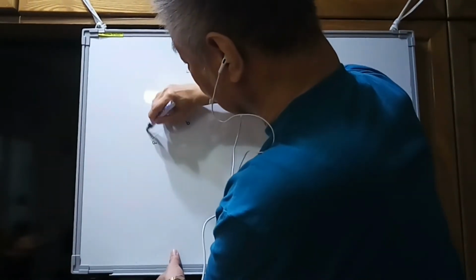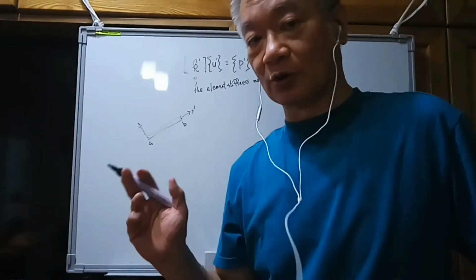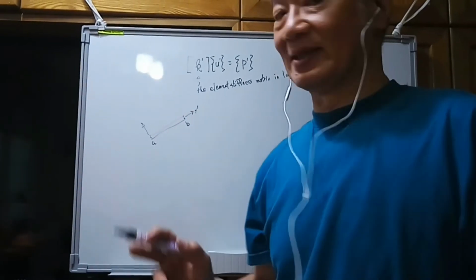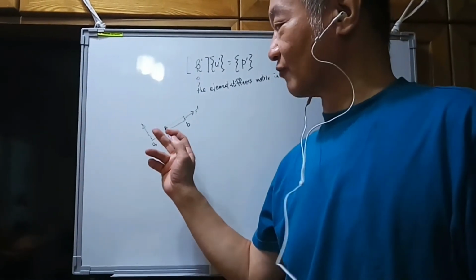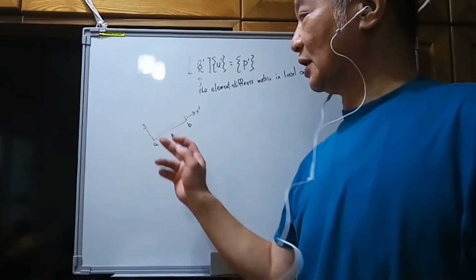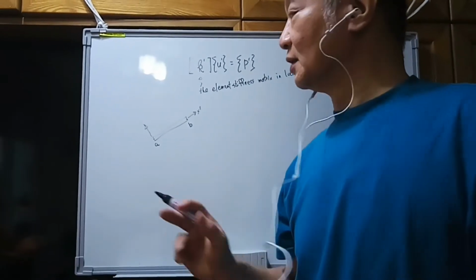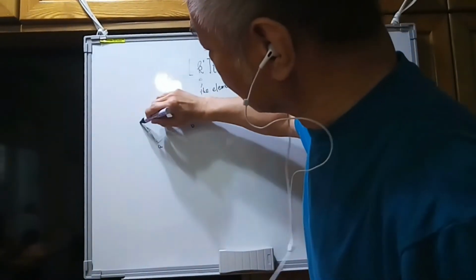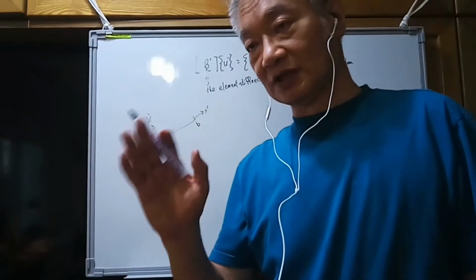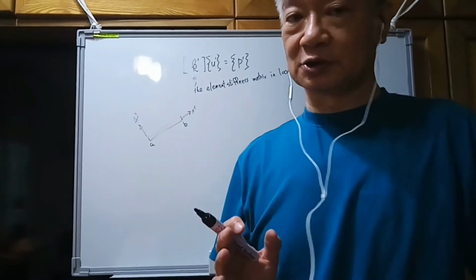If we use the local coordinate system, then the local x prime is defined from the first nodal point to the second nodal point, and usually it is the axial direction of this element, and the y prime direction will be the direction perpendicular to the axial direction.